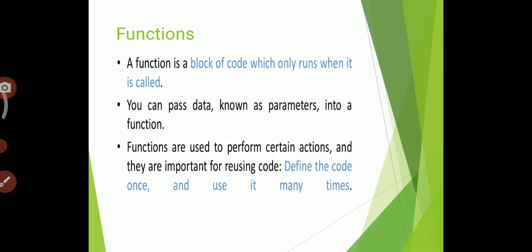Next, a function. A function is a block of code which only runs when it is called. You can pass data known as parameters into a function. Functions are used to perform certain actions and they are important for reusing code.